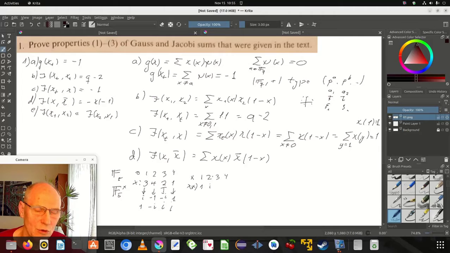Then 2 squared maps to -1. And 2 times 4 gives 3. That maps to -i. Right. And now we also take 1 minus x, which gives naught. Oops. I messed that up here.